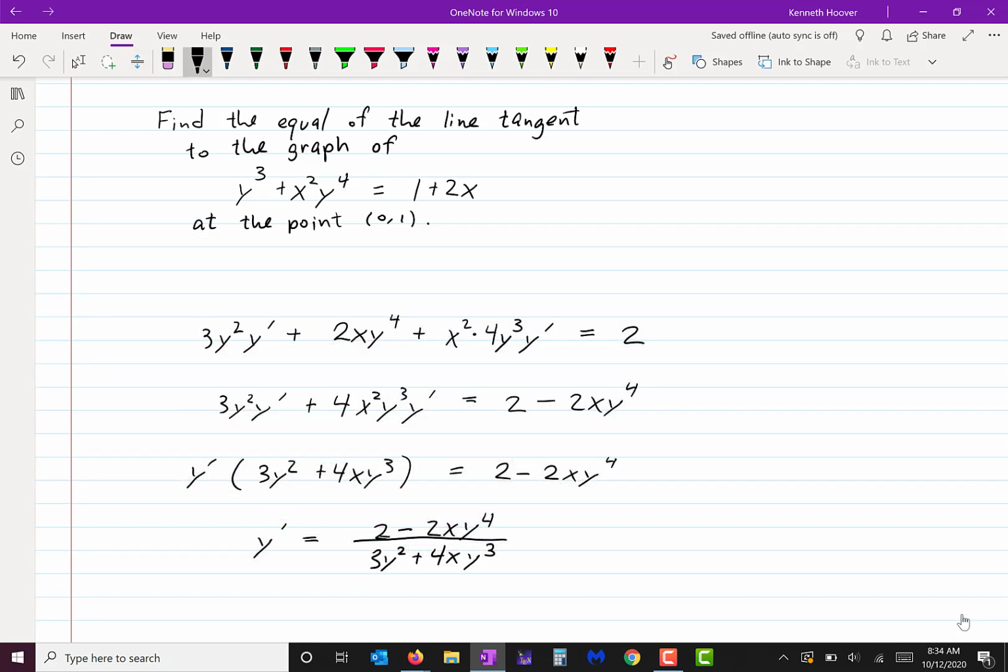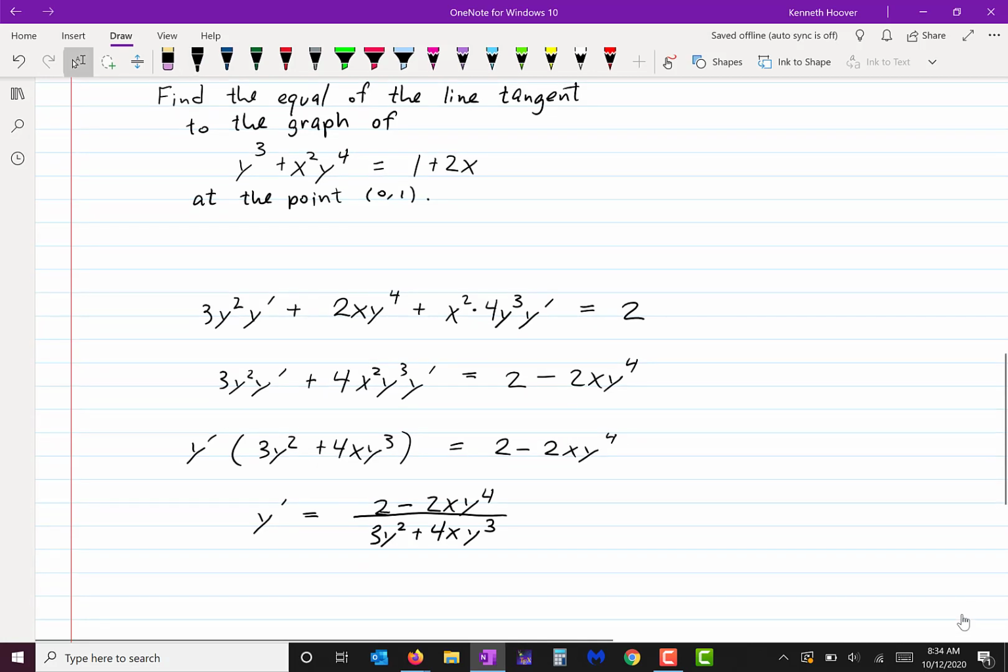First we would find y prime, which we did. And then we would plug in the coordinates 0 for x and 1 for y. Okay, and I would say at 0, 1, y prime equals, I could have put an equal sign, I just decided to write out the word. Okay, what would it equal?